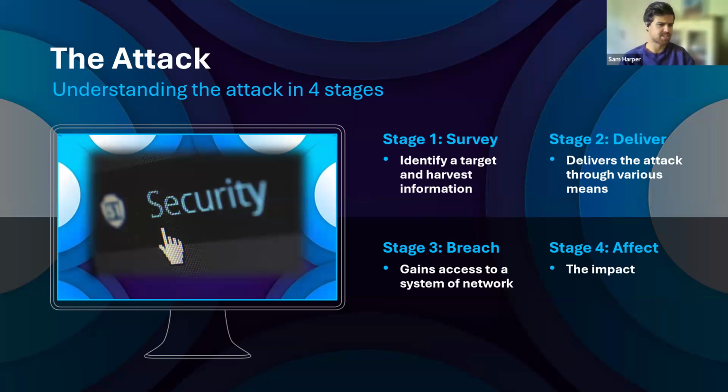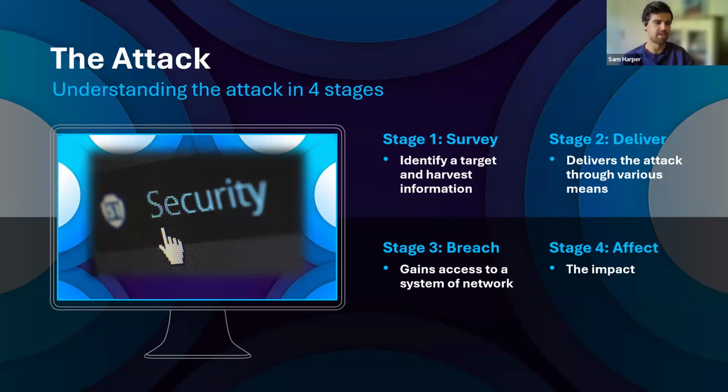Stage 3 is the breach stage. A breach occurs when an unauthorized individual gains access to a system or network. So for instance, they've surveyed you, they've delivered the attack, the person has clicked a link and filled in information, so they've been breached.